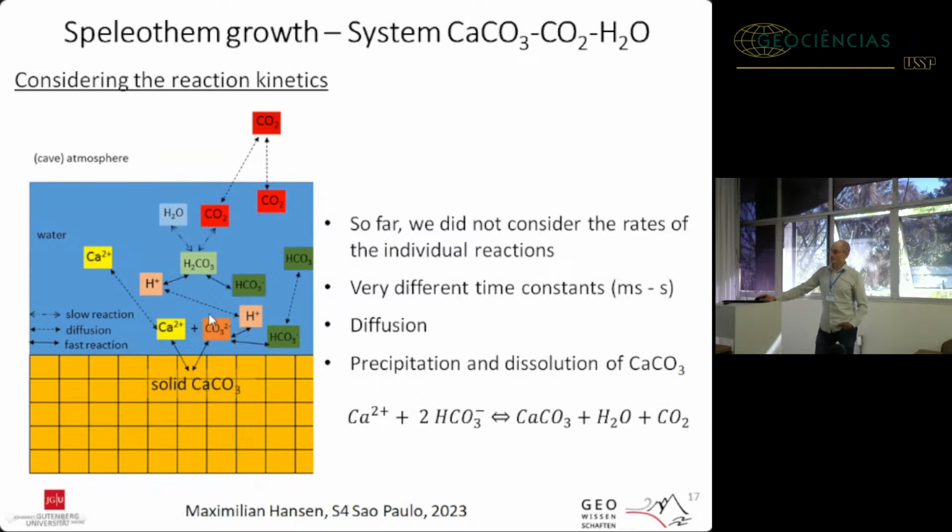And this CO2, which is formed during the reaction, needs to be transferred out of the solution again. So as long as you have precipitating conditions, you have production of CO2, and you have to remove the CO2 from the solution to keep the solution supersaturated with respect to calcite. Okay?